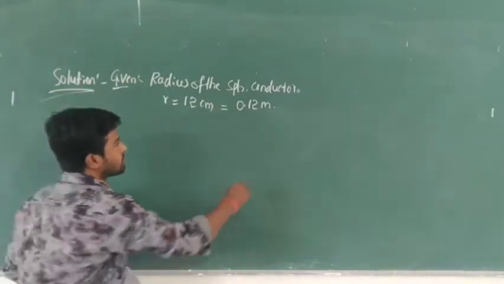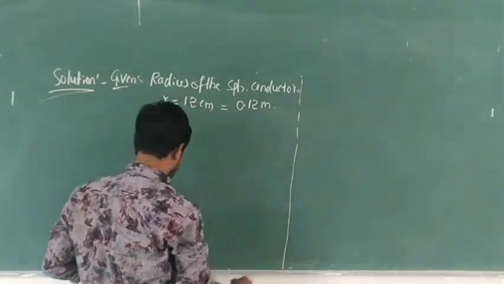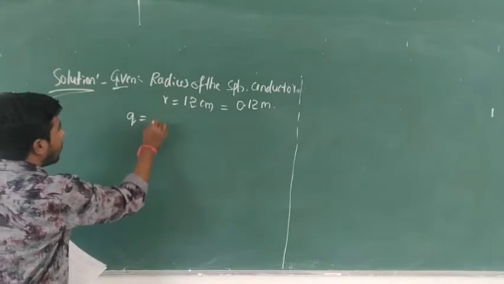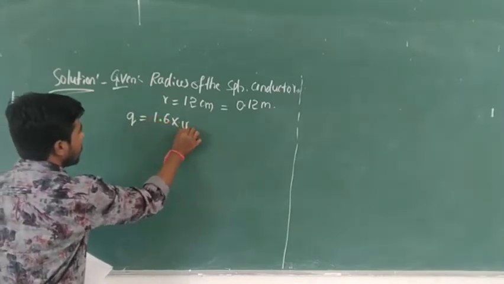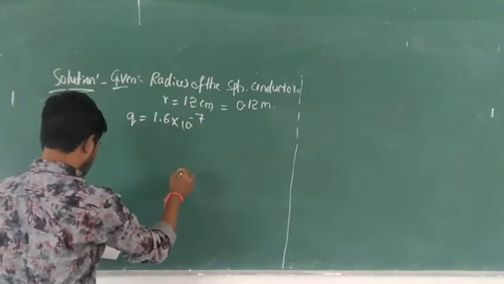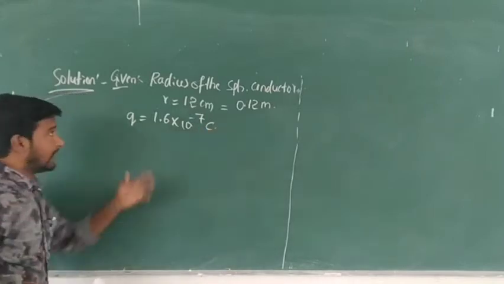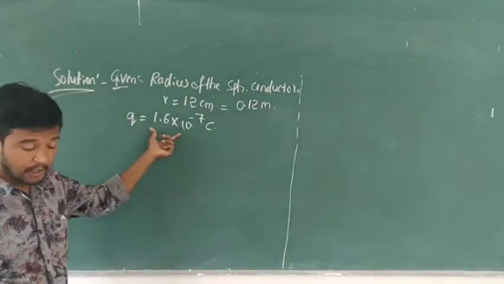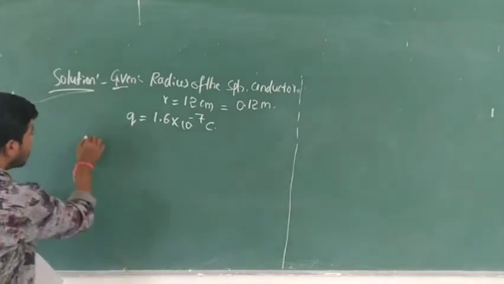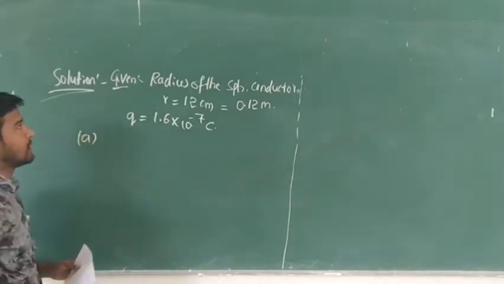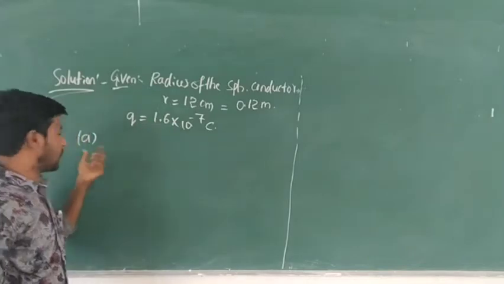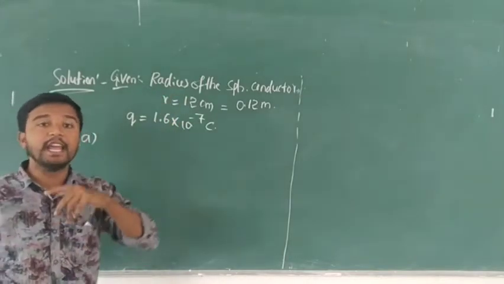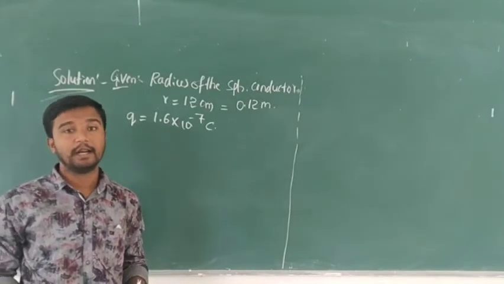So next, what do they give? A charge: 1.6 into 10 to the power minus 7 coulomb. It means the spherical conductor has a charge of this much. We have to find the electric field inside the spherical conductor.